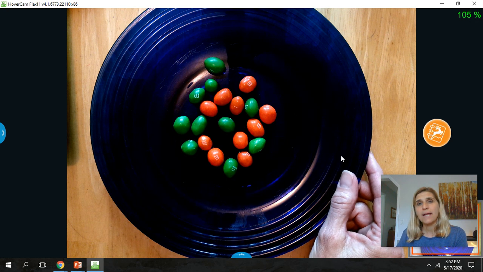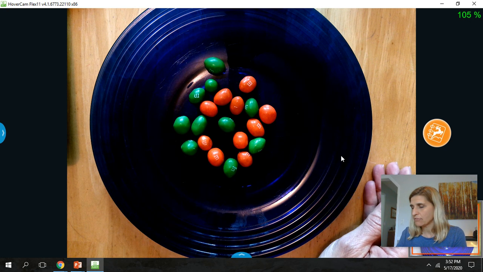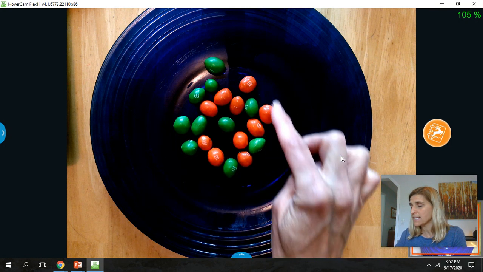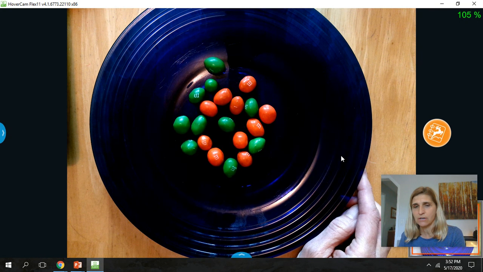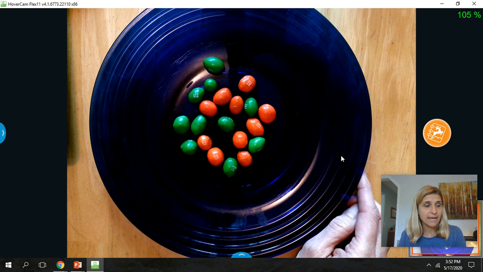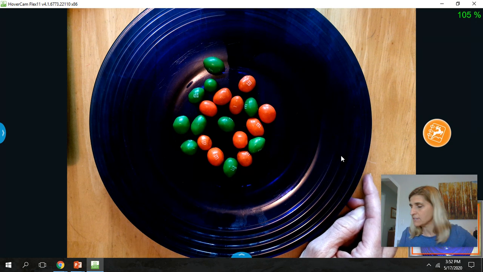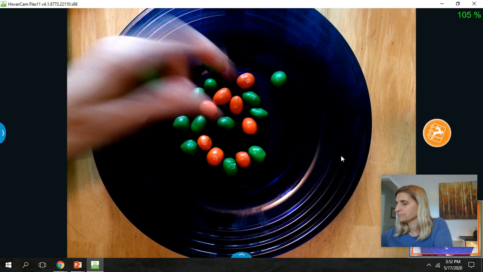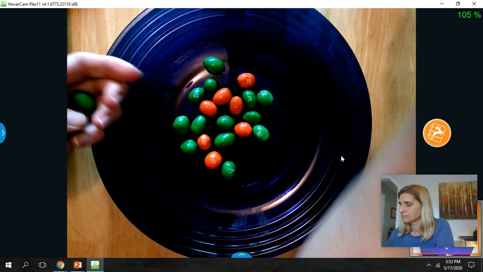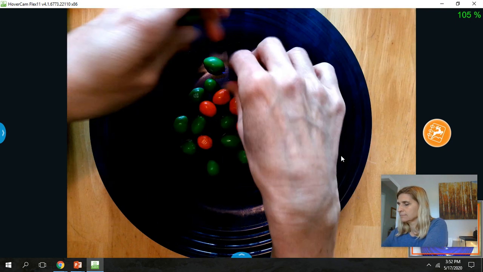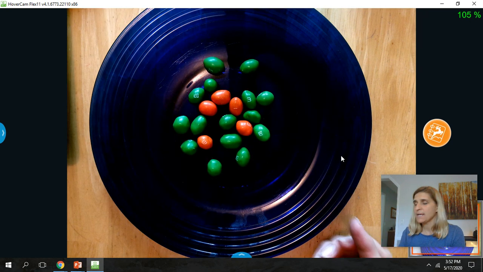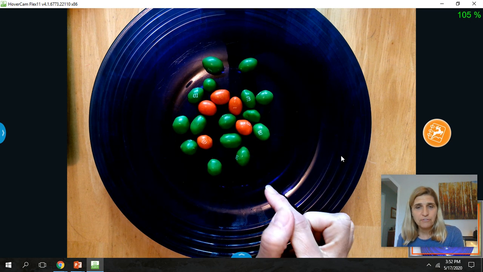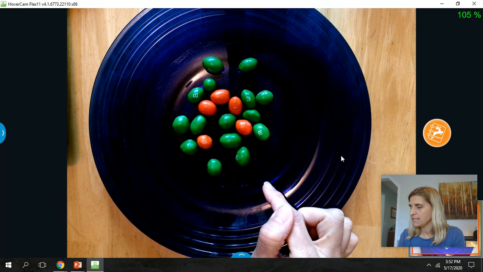Okay, now what happens if it has another half-life? Well, there are 10 carbon-14 atoms here. So if we took half of that, that would only be 5 this time. So we could replace 5 of those. And we would end up with 5 carbon-14 and 15 nitrogen-14.